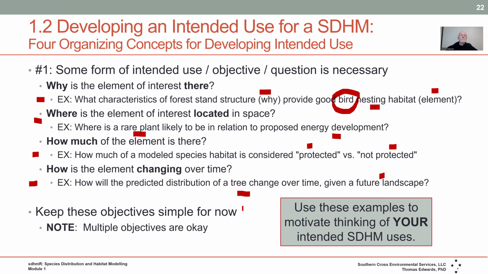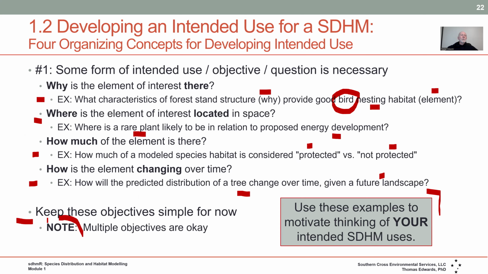What I'd like you to do right now in this introduction is keep these objectives simple for right now and use these examples to motivate thinking of your intended uses for your particular species or group of species.